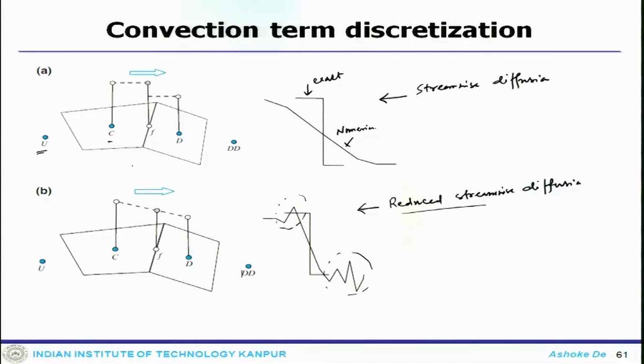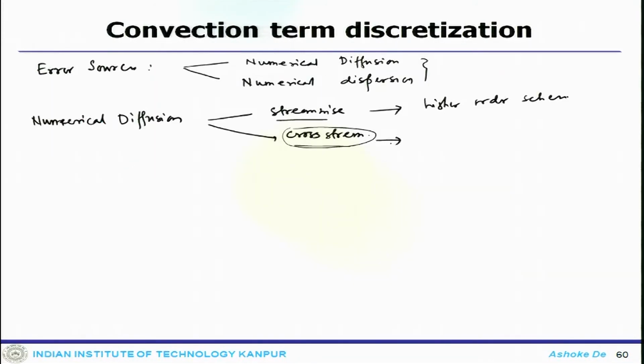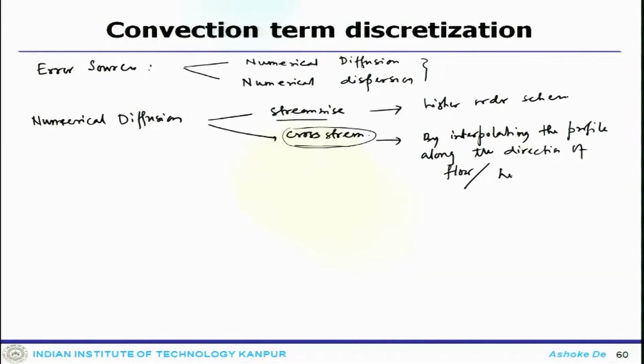So, the cross stream diffusion is actually caused by the one dimensional nature of the assumed profile and can be reduced either by interpolating the profile along the direction of flow or by using higher order interpolation profile or scheme.